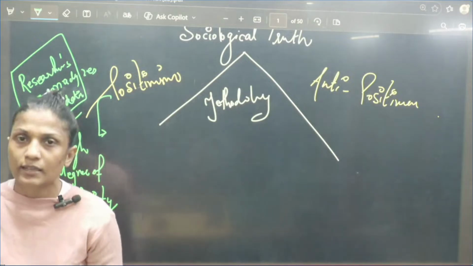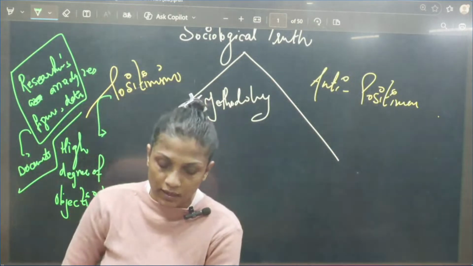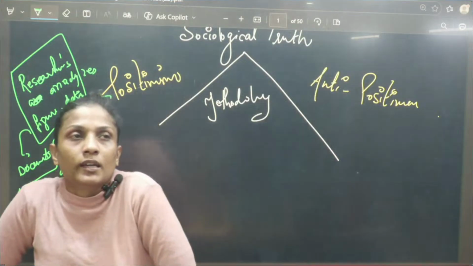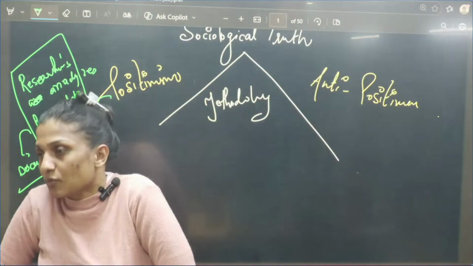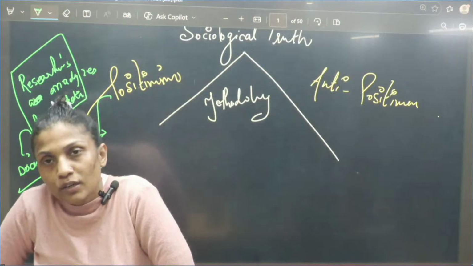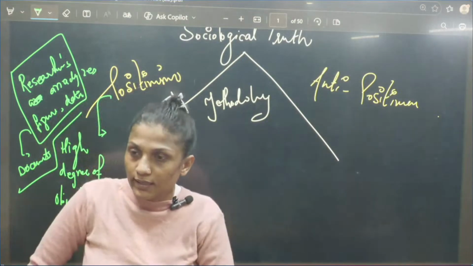Okay, so today only I was just telling this part. There was a student in my previous batch. She could not write really good answers and could not even speak good English.